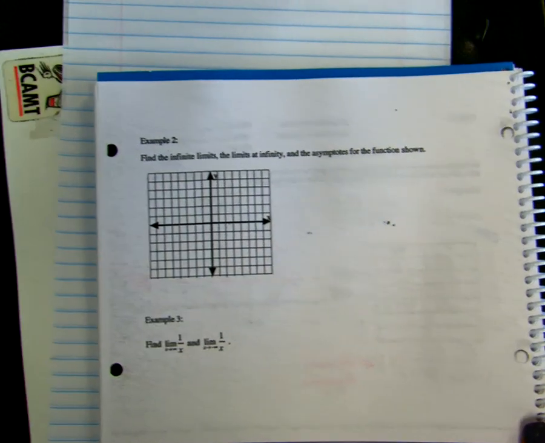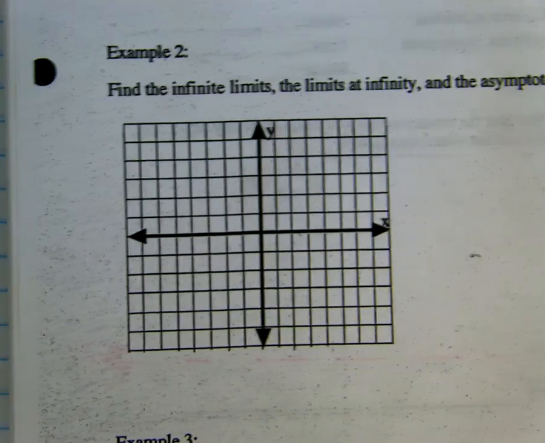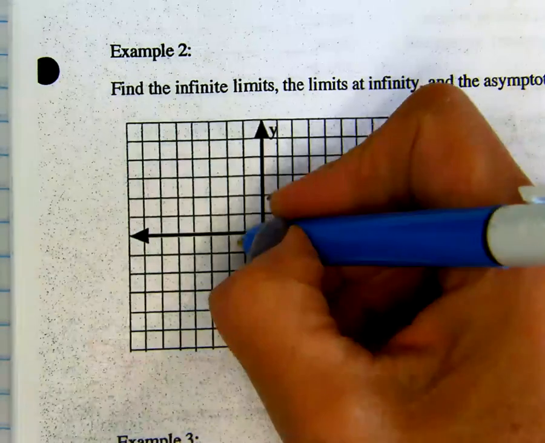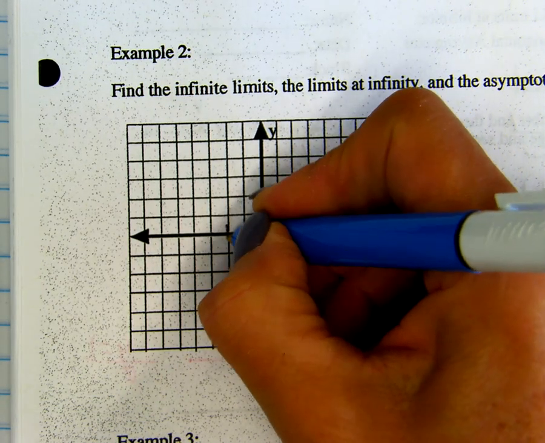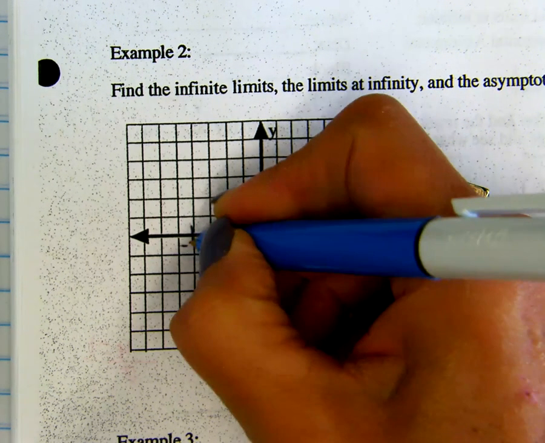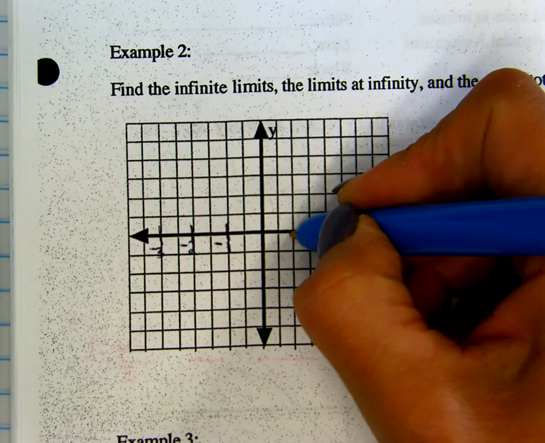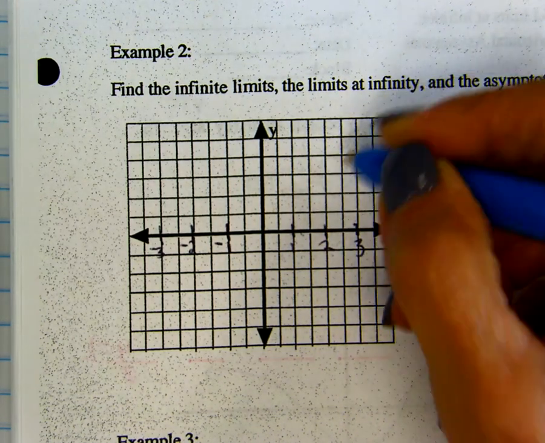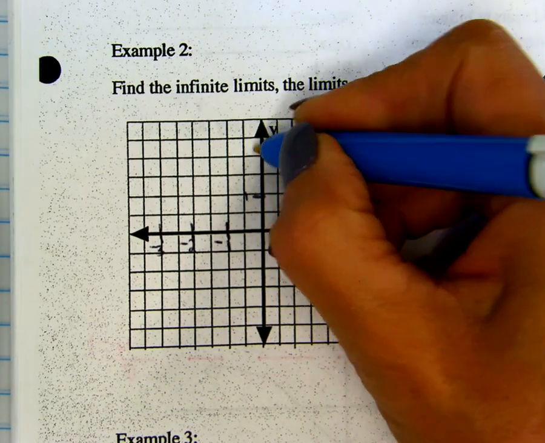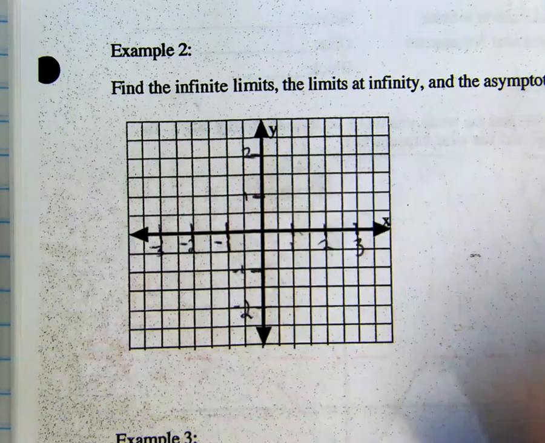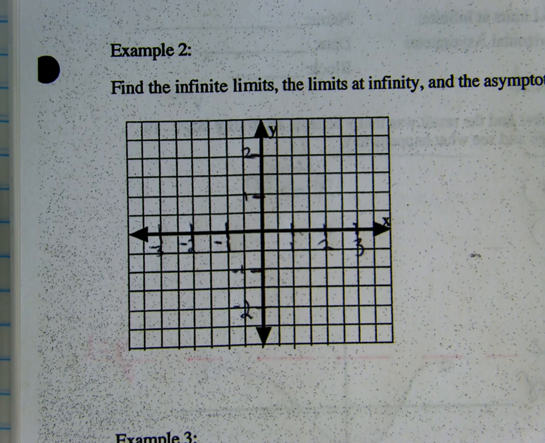Okay, let's get this all together with an example here. Could you draw the axes, with negative 1 and 2 spaces, negative 3, and 1, 2, 3 on the y axis? Here's 1, here's 2.